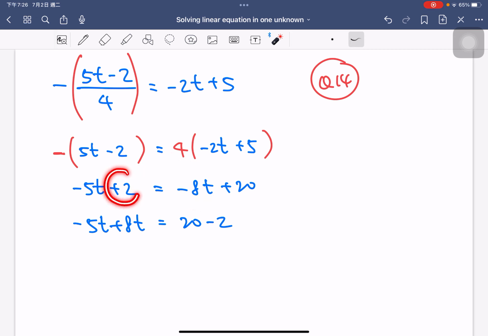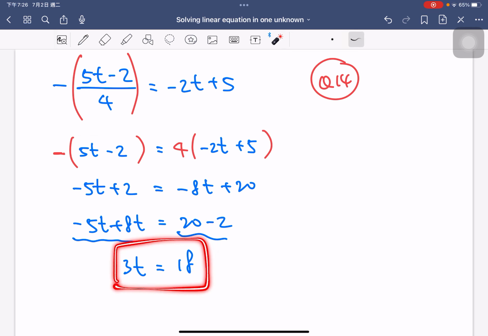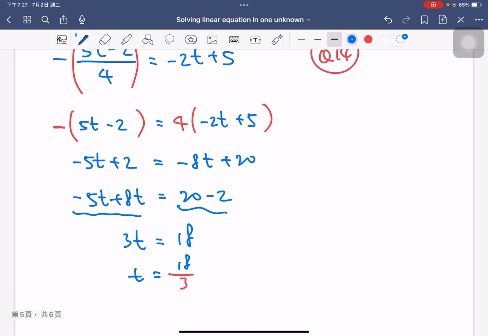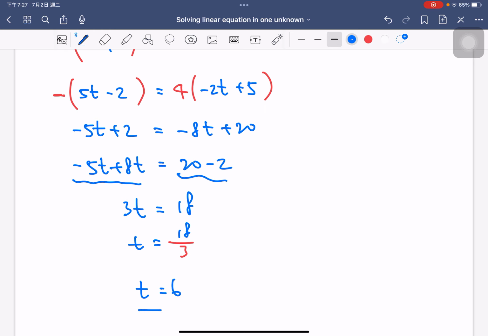For this +2, I'm moving to the right hand side, which becomes -2. Then I can simplify it. -5t plus 8t gives you 3t, equal to 20 minus 2, which gives you 18. Back to this equation, this is 3 times t. I don't want the times 3, moving to the right it becomes divide. So now I can say t equal to 18 divided by 3. So we have t is equal to 6.